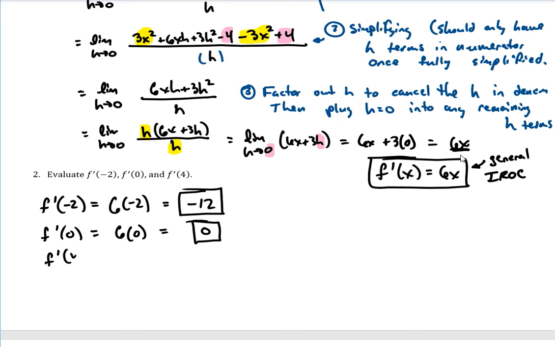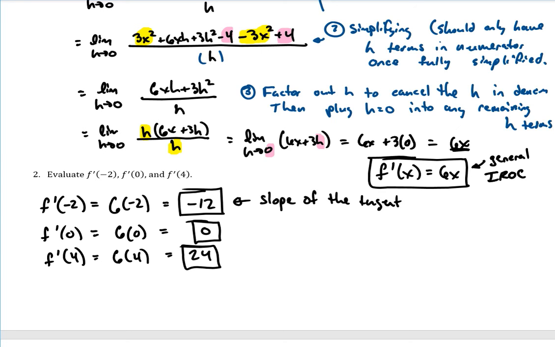And then one other, f prime of 4. If we plug that in, we have 6 times negative, oops, not negative 4, I don't know where I saw that. Just 6 times 4, which is 24. What these represent is the slope of the tangent line at the value that we plugged in.